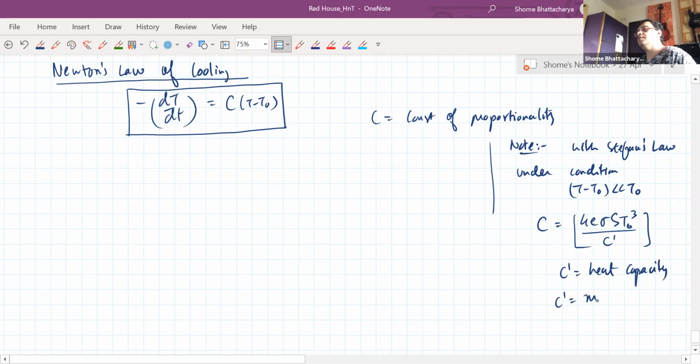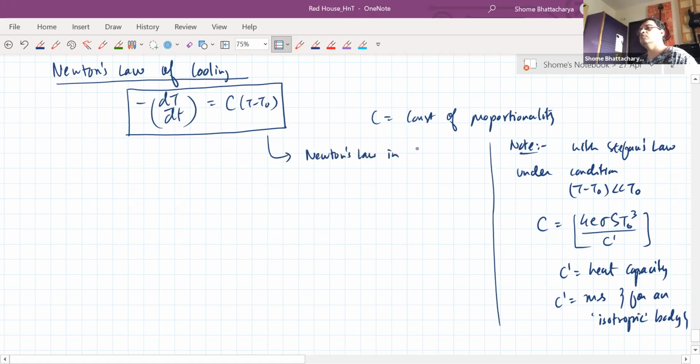C prime is equal to MS for an isotropic body, so it has a uniform specific heat capacity. So this is Newton's law in differential equation form.